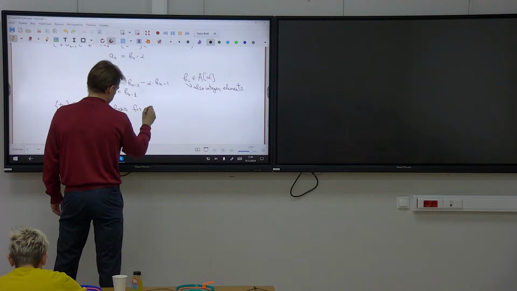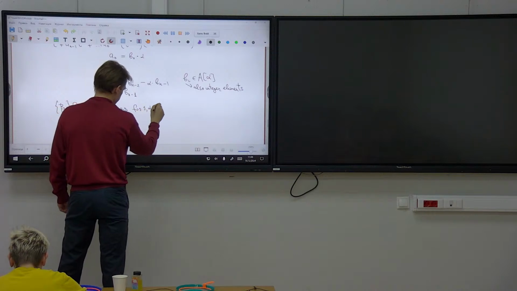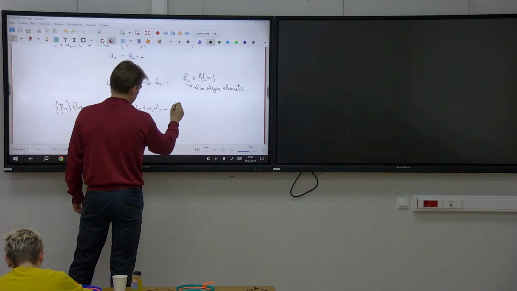The powers 1, alpha, alpha square, etc., alpha n minus 1.